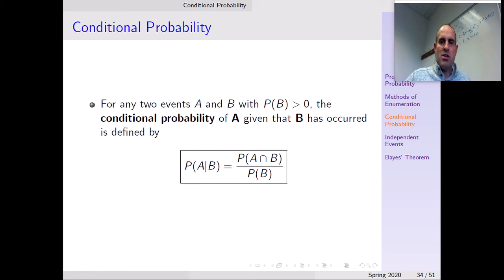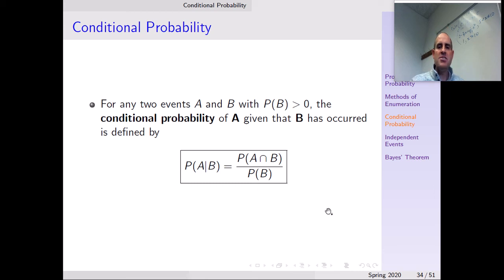Okay, and we're computing the probability of A conditioned on B, or the probability of A given that B has occurred. And that's that little bar that you see right here. You kind of want to insert the word conditioned on or given when you read that from left to right.